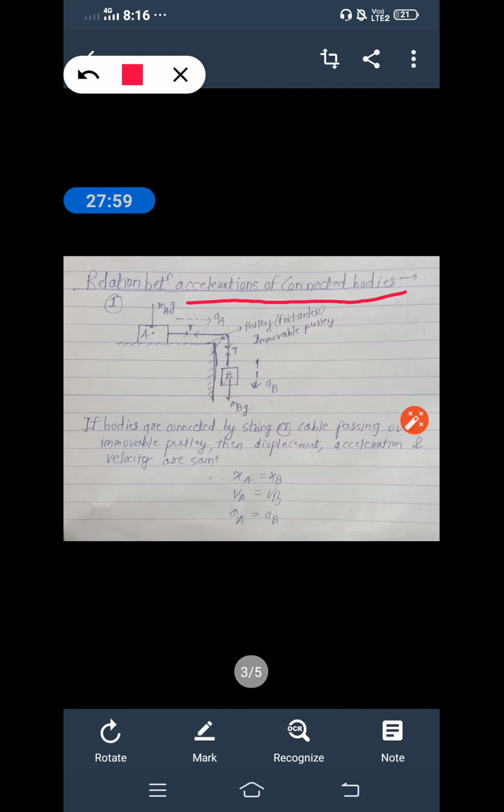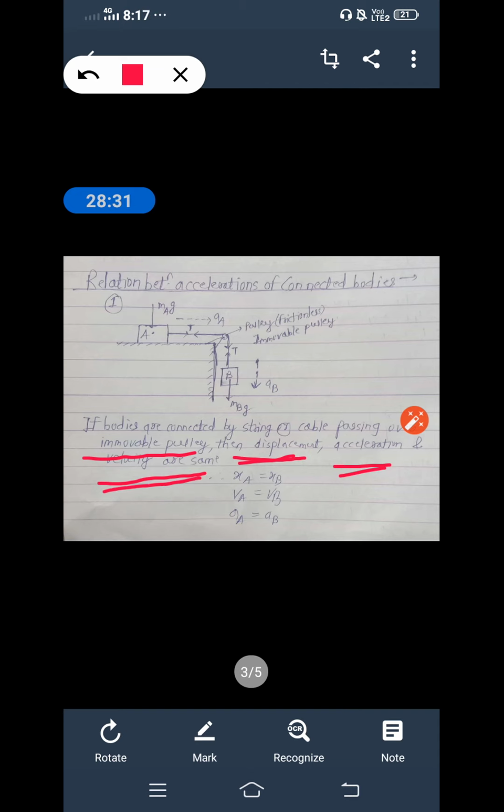See, if the bodies are connected by a string or cable passing over an immovable pulley, this is very, very important, students, then the displacement, acceleration and velocity are the same.